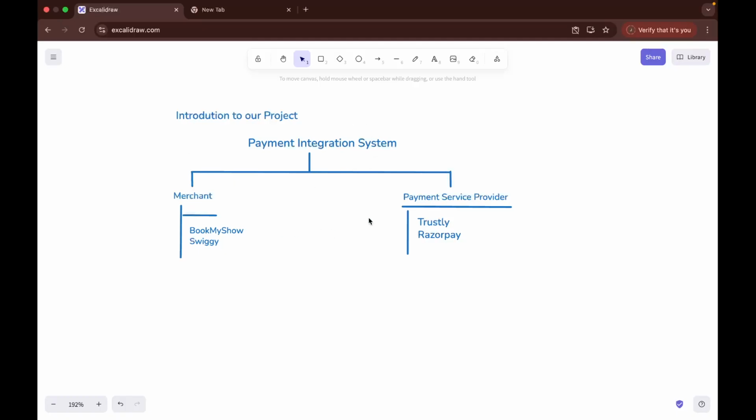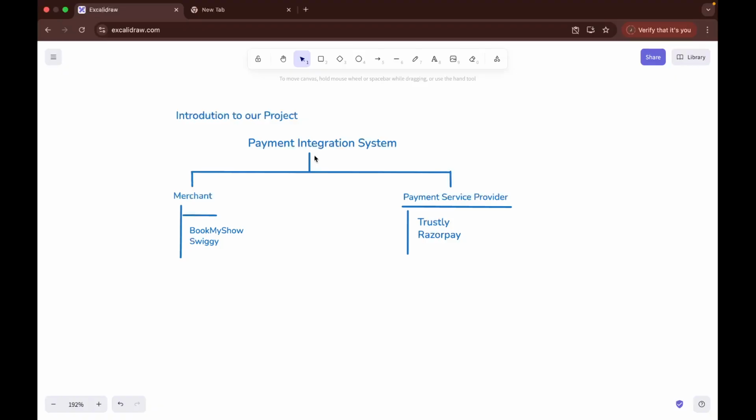Then it goes back to the merchant application and returns the message through the merchant. So this is the interaction with our applications. We are focused on the payment integration system because we are backend developers working with business logic operations.